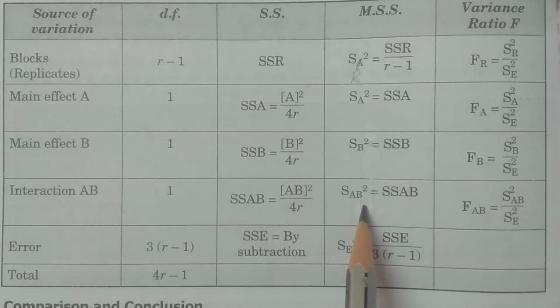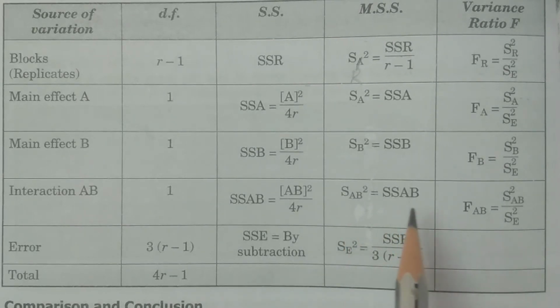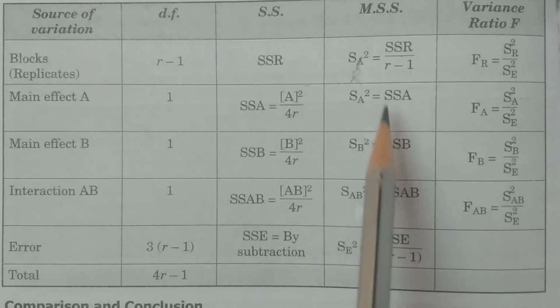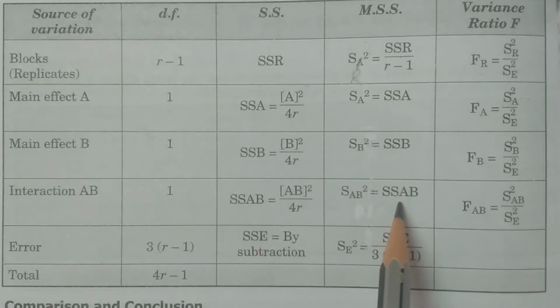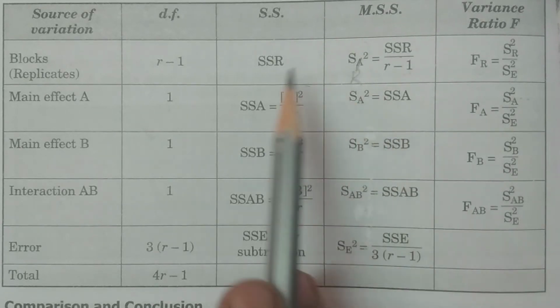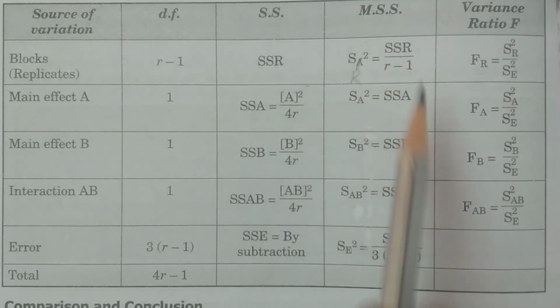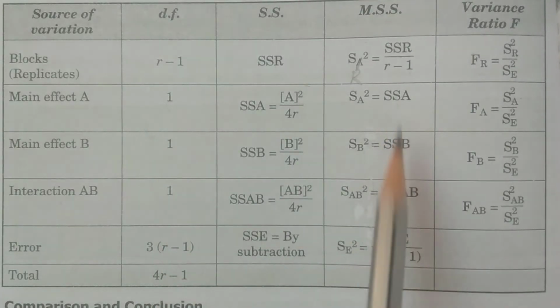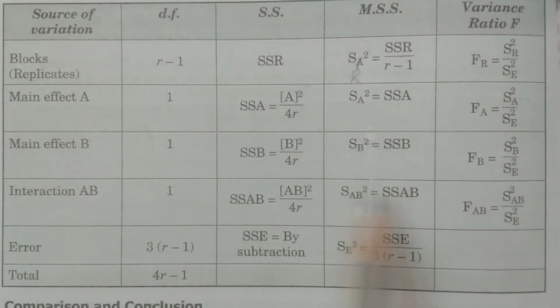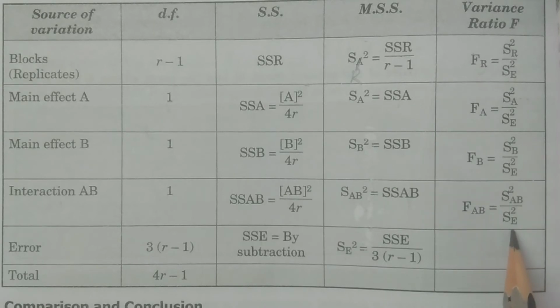The mean sum of squares is the sum of the squares divided by degrees of freedom, which is 1 for these three. So S square AB is equal to SSAB. FAB is S square AB by S square E, which follows the same degrees of freedom.